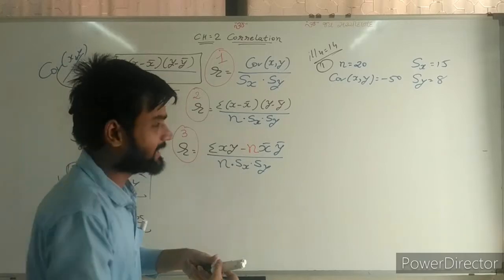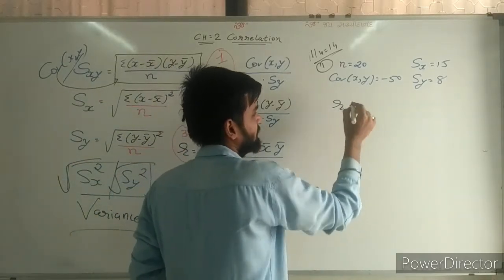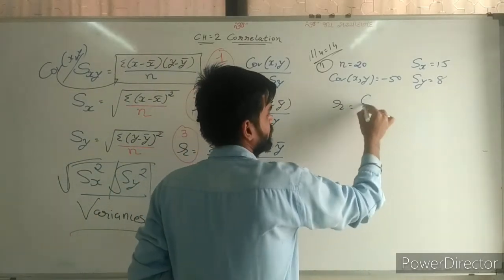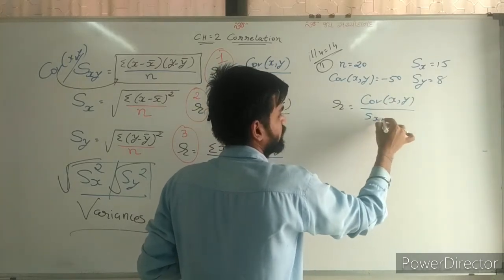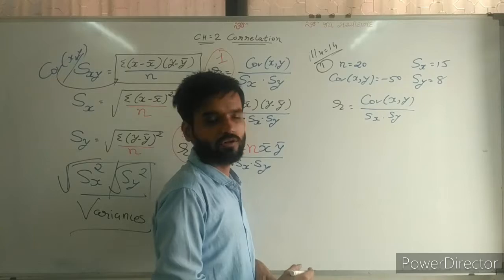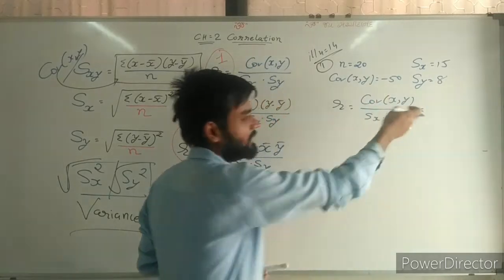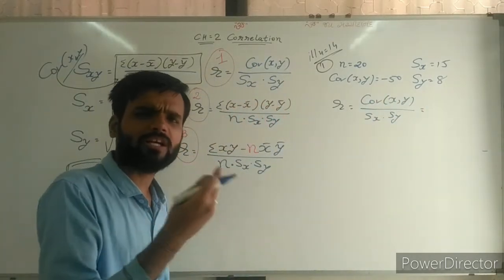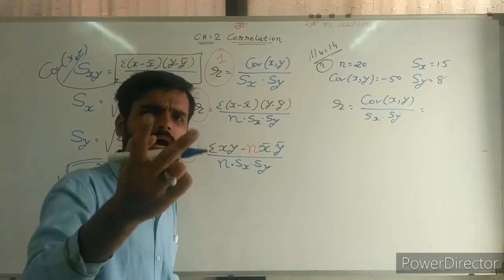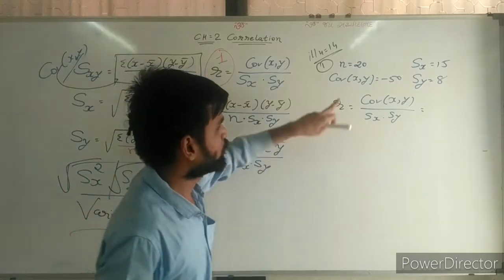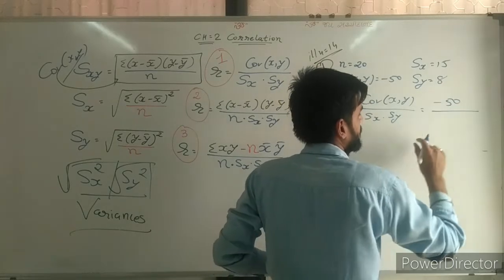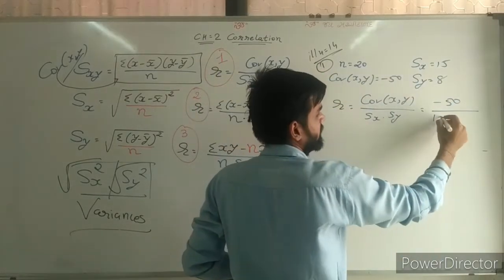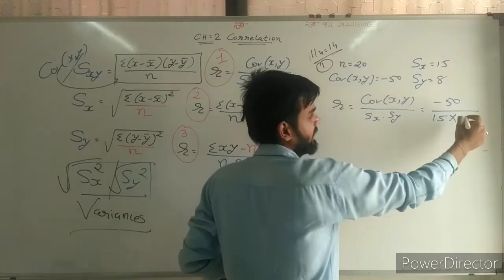So here we write r is equal to covariance of xy divided by sx into sy. Now replace the values already given. This is a short sum of 2 marks only. Covariance of xy is minus 50, sx is 15, sy is 8.